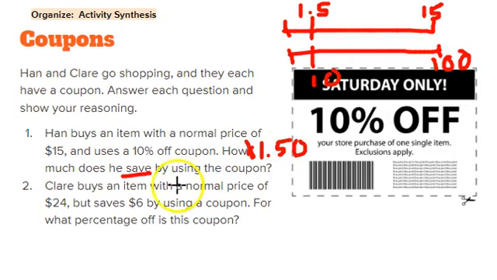Okay. Claire buys an item with a normal price of $24, but saves $6 by using a coupon. For what percentage off is this coupon? Is this still going to be 10% off? No, it's actually going to be more, right?